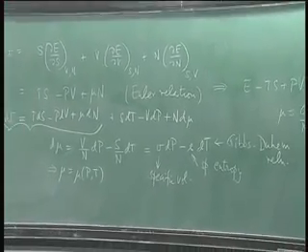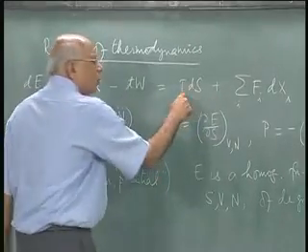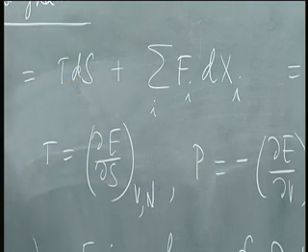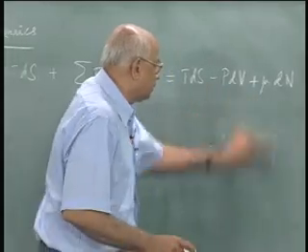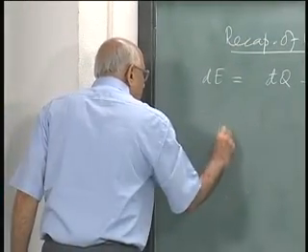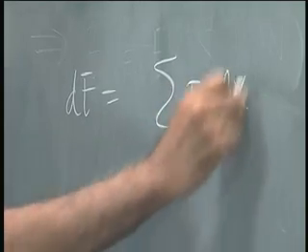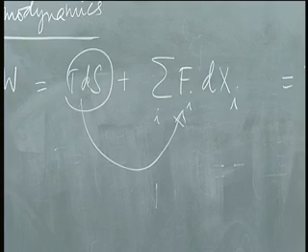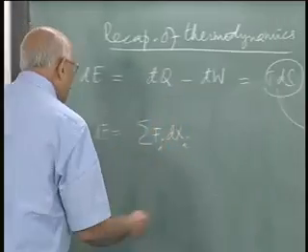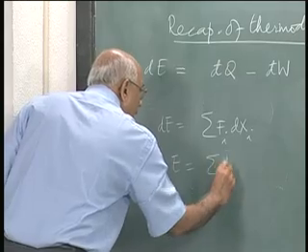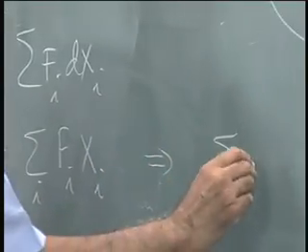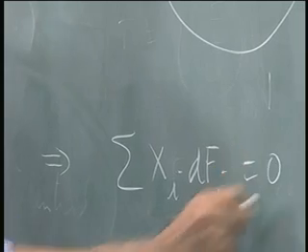What is the Gibbs-Duhem relation in a more general context? Notice that if I include T dS also as part of a force and a flux, if I call T a generalized force and S the corresponding generalized flux, then loosely speaking, if dE equals summation F_i dx_i, including this also inside it as one more force and flux, then that is the set of laws of thermodynamics, and the homogeneity argument tells you that E equals summation F_i x_i, and this immediately implies that summation x_i dF_i must be equal to 0.